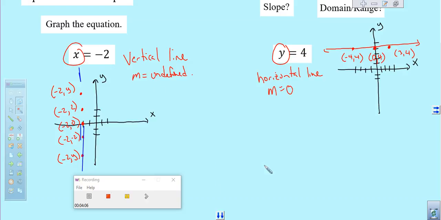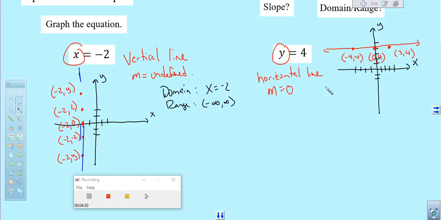Same thing here, the domain and range, that conversation just real quickly. On this guy, my domain is only one number. My domain is x equals -2. The only x that I'm using is -2, whereas my range is -infinity to +infinity, because I go from -infinity all the way to +infinity, going up and down.